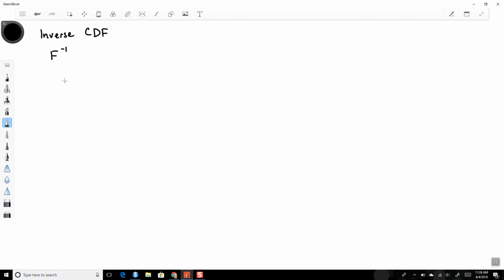Okay, and we will say this is defined as the minimum value of t where big F of t is greater than u, for 0 less than u less than 1, okay?